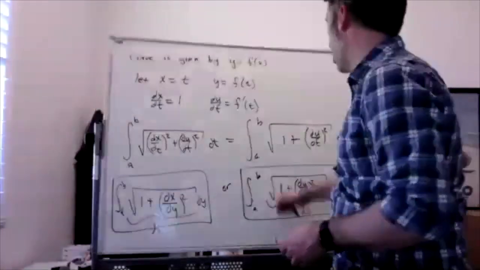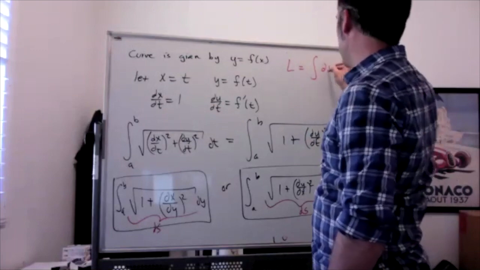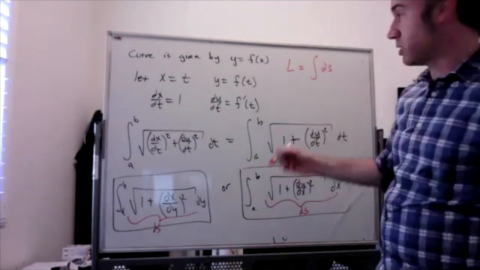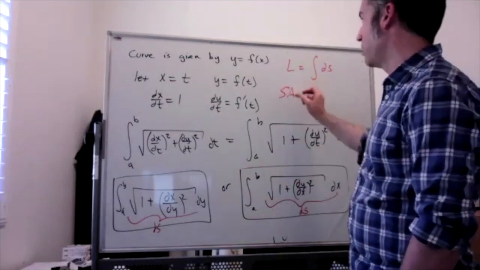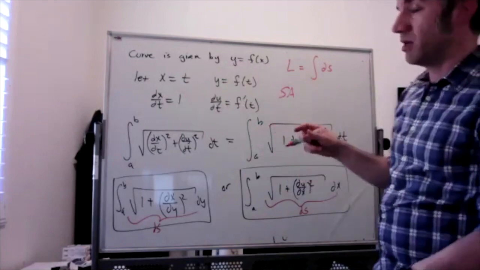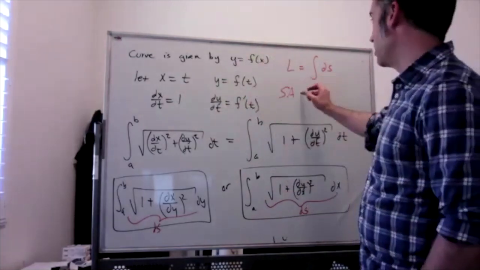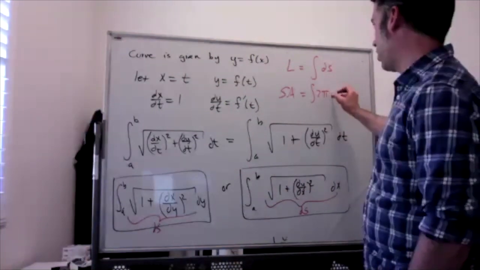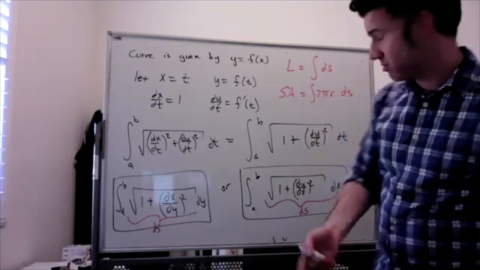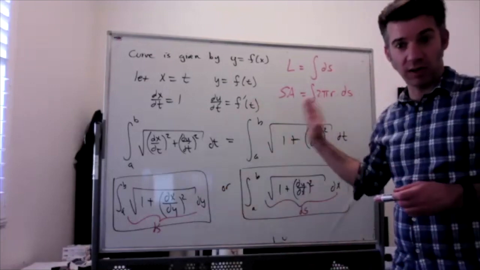And the arc length is just the integral of ds. The reason I bring this up is because next section, when you talk about surface area of something rotated around, it's essentially going to be the circumference of the thing times the arc length. It's going to be 2 pi r times the same ds, whichever one it is. So that's how I would encourage you to think of it.